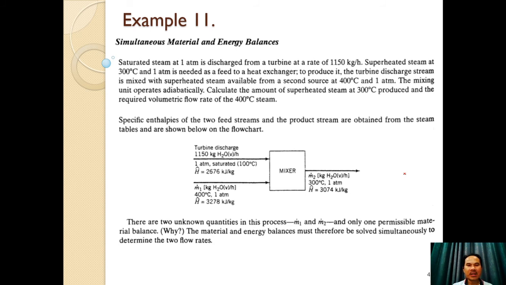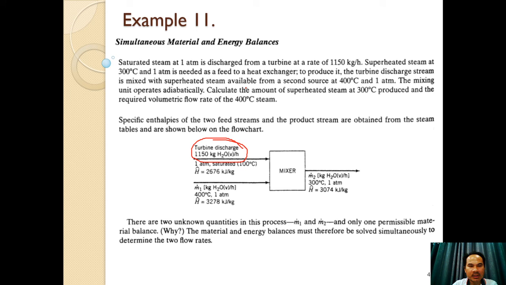For this system, we have saturated steam at 1 atm discharged from a turbine at a rate of 1,150 kg per hour. This is steam. Also, superheated steam at 300 Celsius, 1 atm is needed as a feed to the heat exchanger.